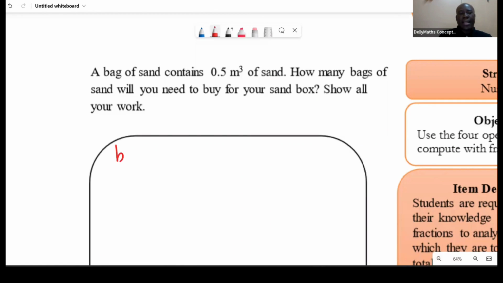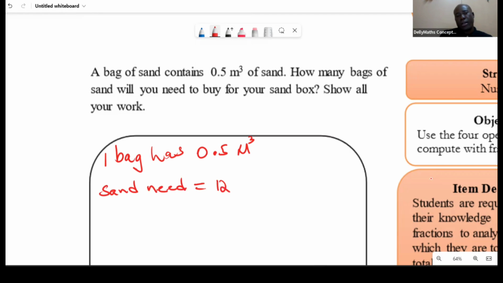So we're suggesting that one bag has 0.5 meter cube. The sand that we need is going to equal 12 meter cube.